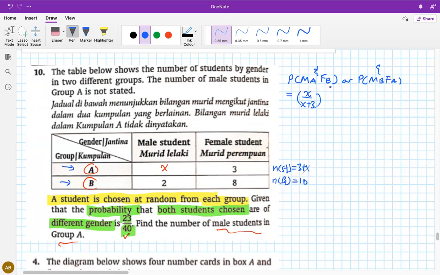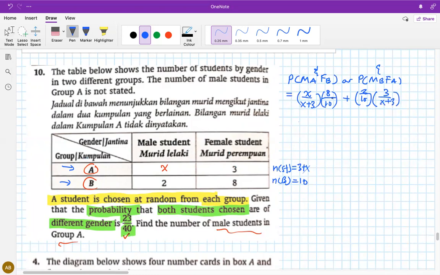So the probability of getting a female from group B is 8 over 10, plus the probability of getting a male from group B, which is 2 over 10, then the probability of getting a female from group A is 3 over x plus 3.